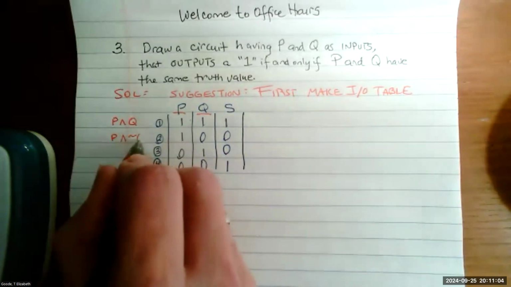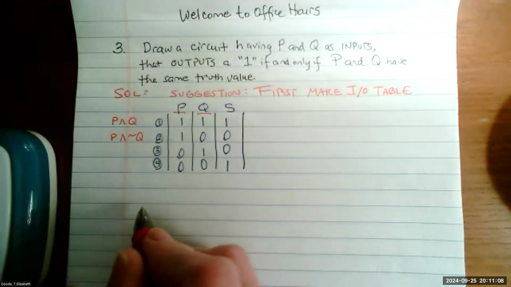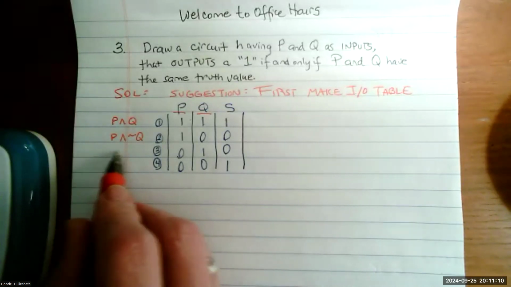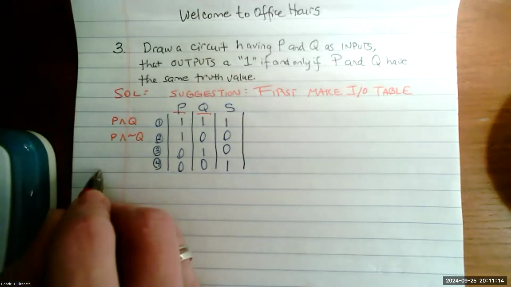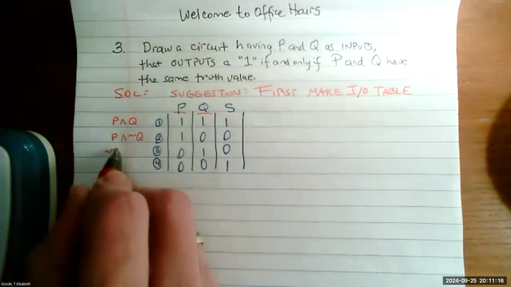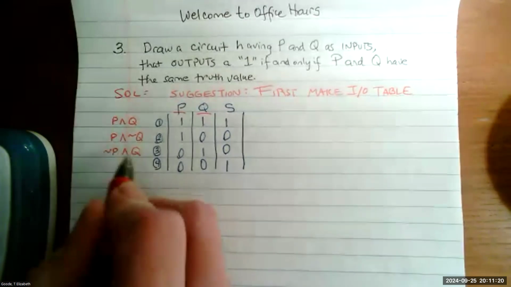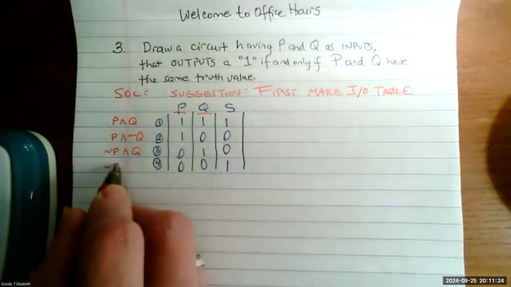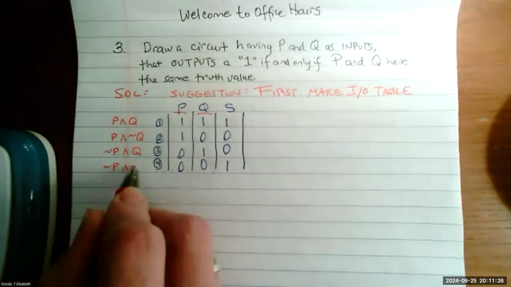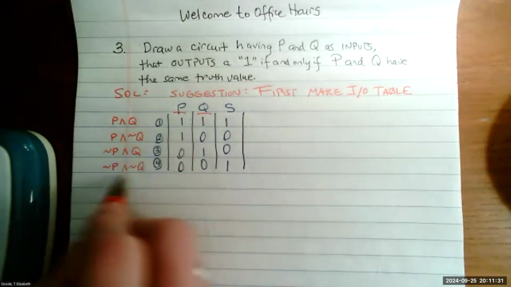So P and not Q. See where I'm going with this? What about the third row? Not P and Q. And the fourth row? Not P, not Q. Yeah, because they're happening at the same time. It's ANDs across the row.